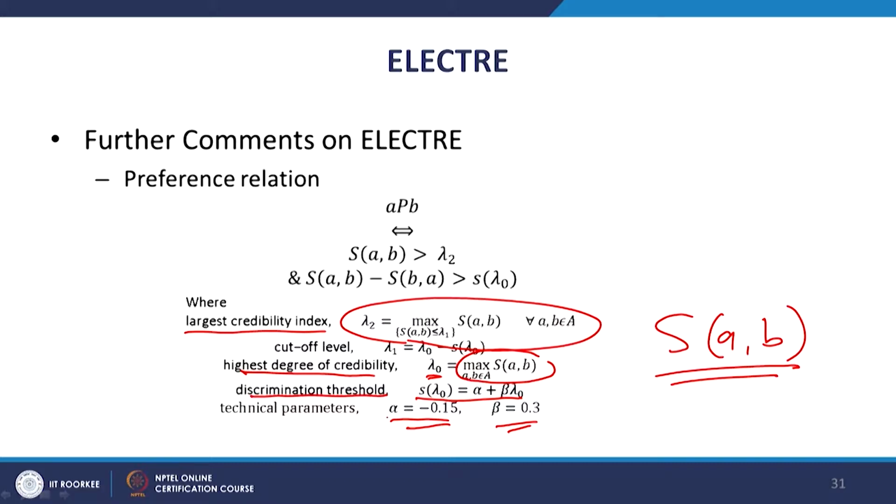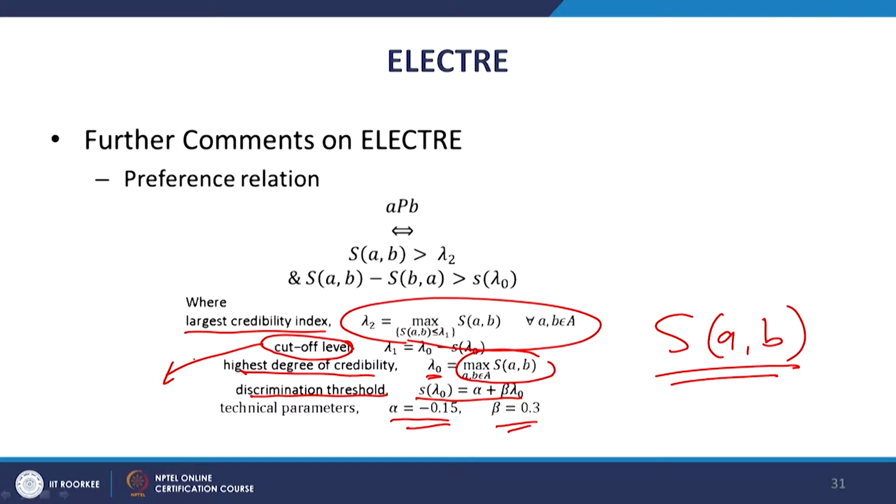So using these technical parameters we can compute this discrimination threshold, and given this discrimination threshold and the highest degree of credibility we can compute the cutoff level. This is important. This cutoff level determines how easy it is for us to compare two alternatives in terms of determining the preference relation.